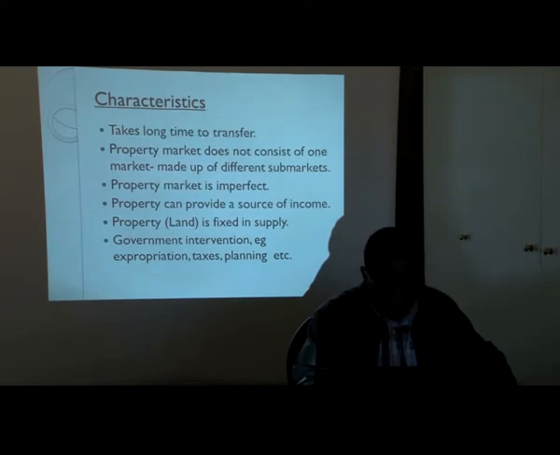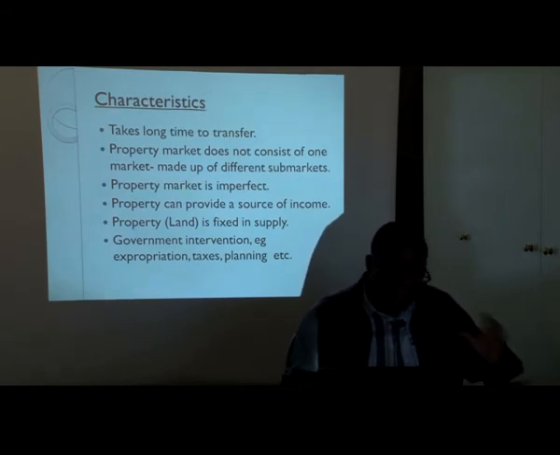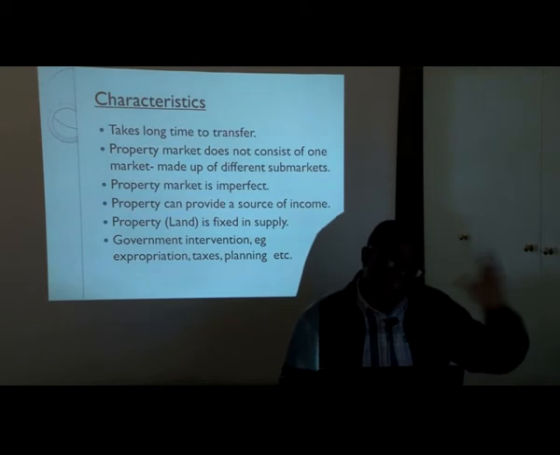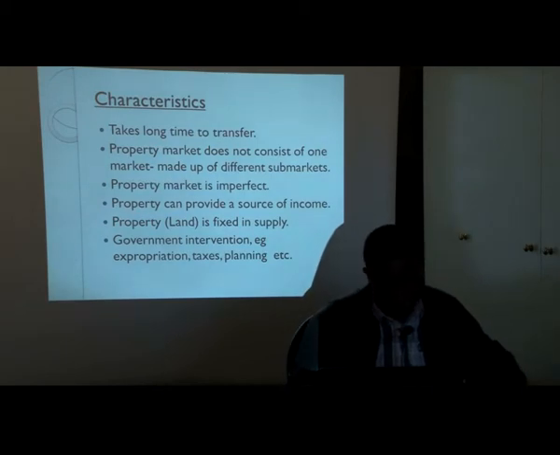Know that it's very, very fundamental property economics. Know what a perfect market is, and know and discuss why the property market is said to be imperfect. So know the characteristics of a perfect market. Then the imperfect market is basically just the opposite of a perfect market.